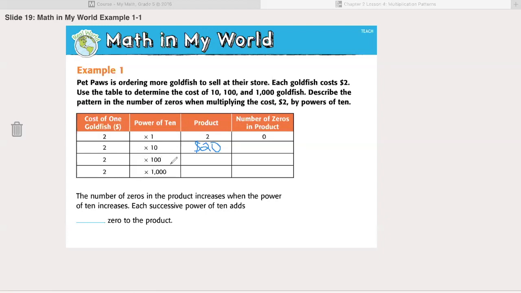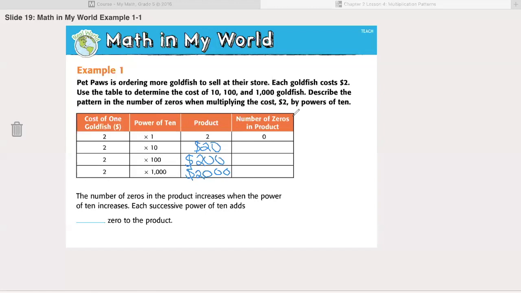If I buy 100 goldfish at the price of $2 each, I have spent $200. If I buy 1,000 goldfish at the price of $2 each, I have spent $2,000.